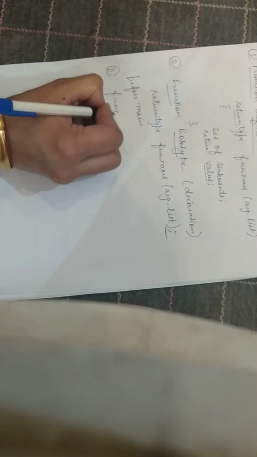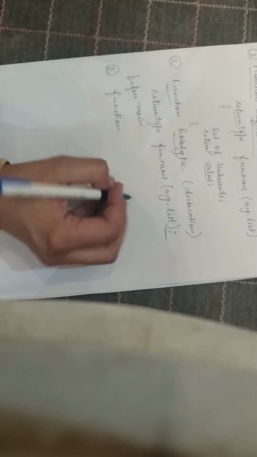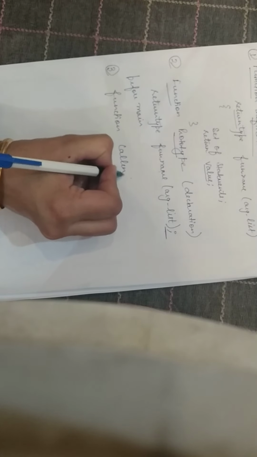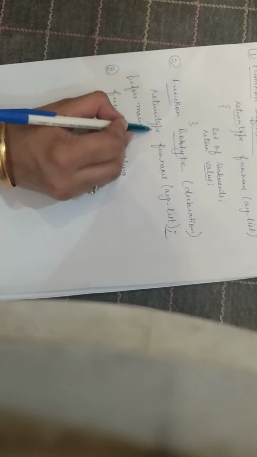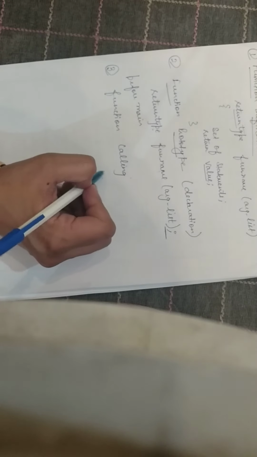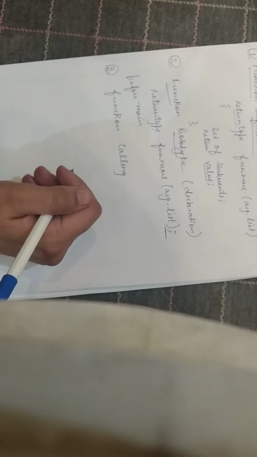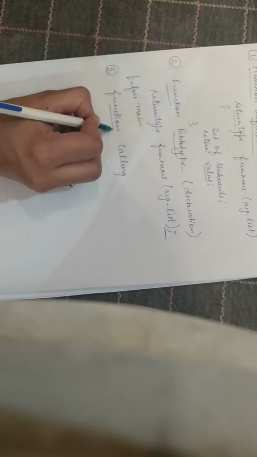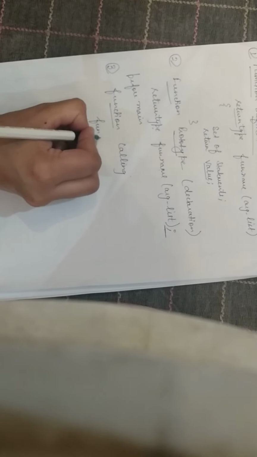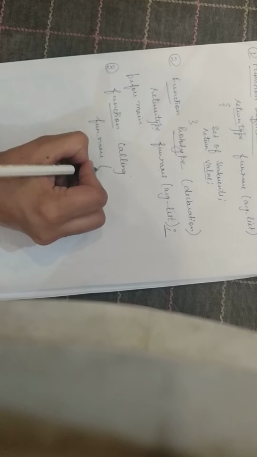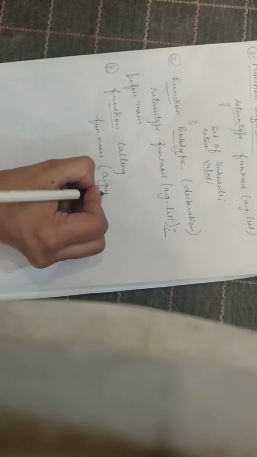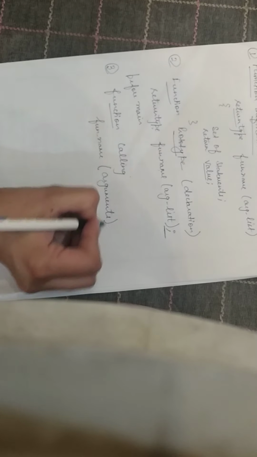Then comes the function calling. Means this prototype will tell the compiler that in this particular program this particular function will be contained. Now the function which is defined needs to be called. The syntax for the same is function name and arguments, semicolon.